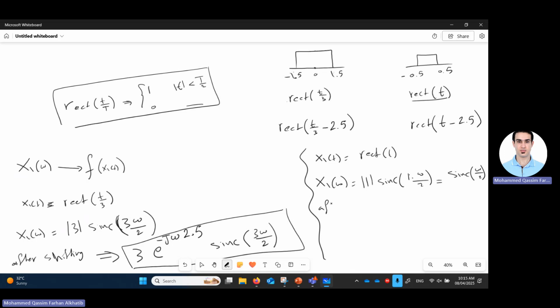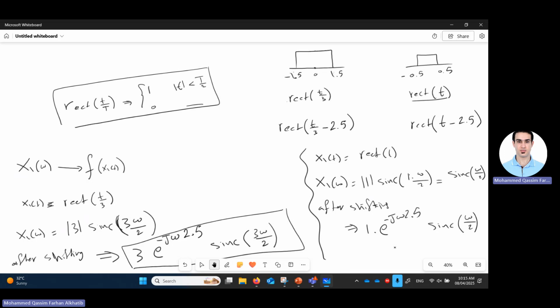Now, apply the shifting. After shifting, you will get 1 times e to the power minus j omega 2.5, because it is the same amount of shift, times sinc of omega over 2. And that's it.